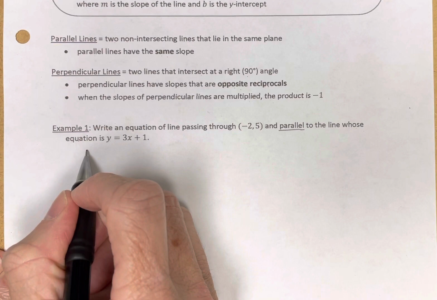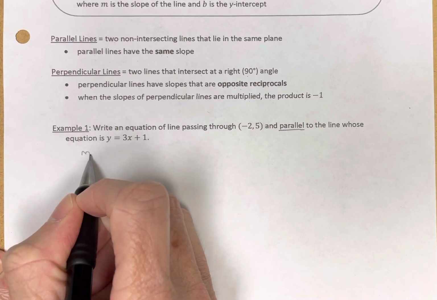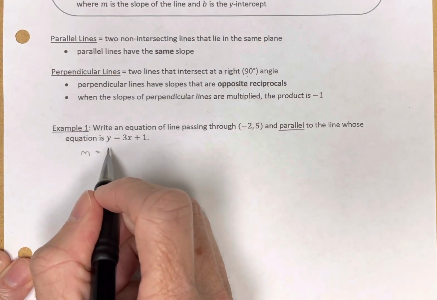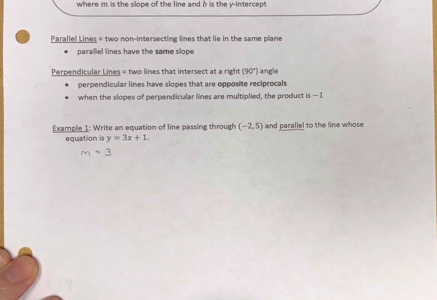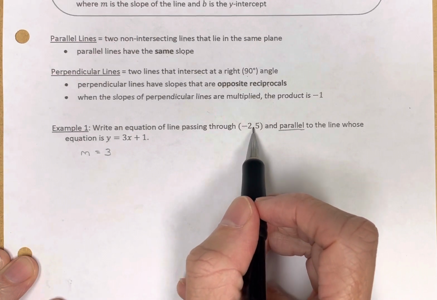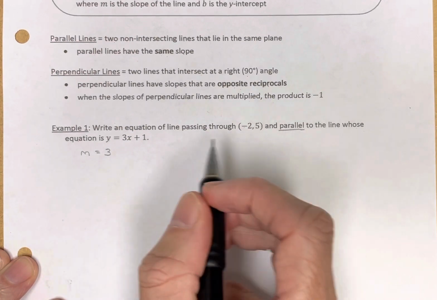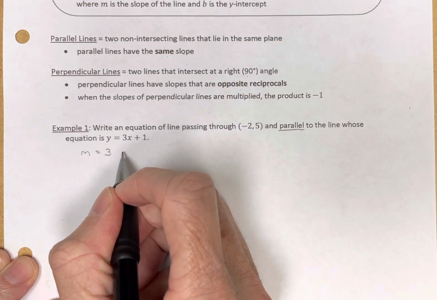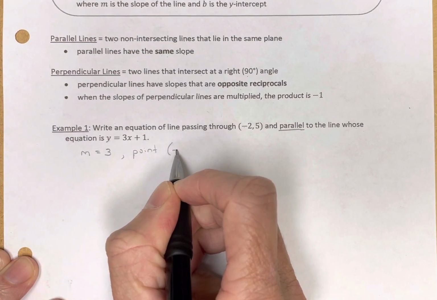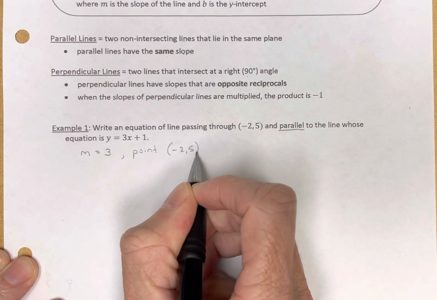So we know from this equation that the equation of a line parallel to it is going to have the same slope. Okay? And we're told that we have a point we want the new line to go through, the point -2, 5.